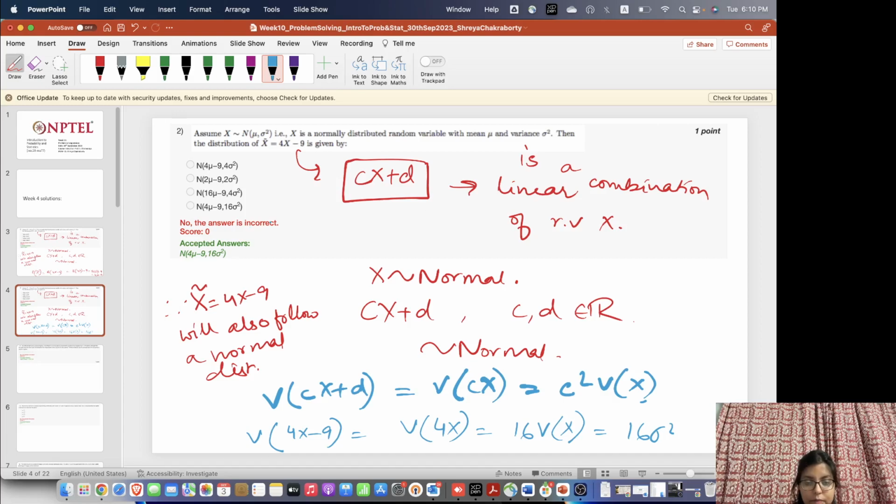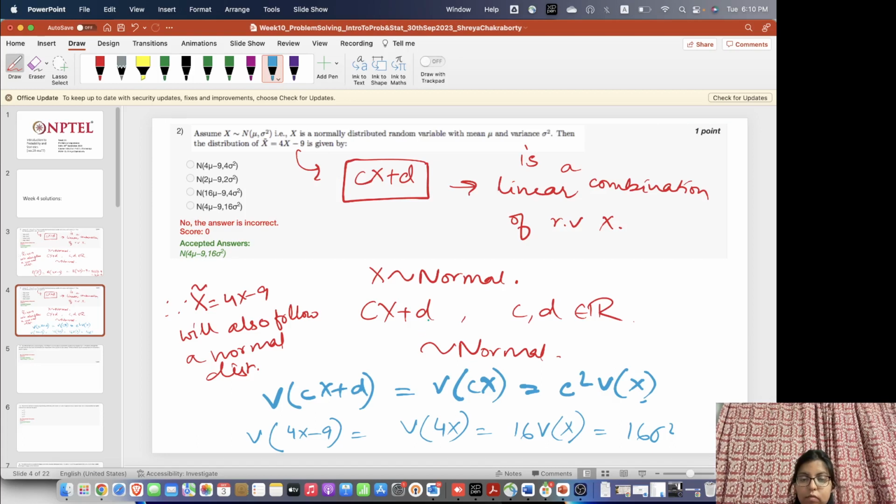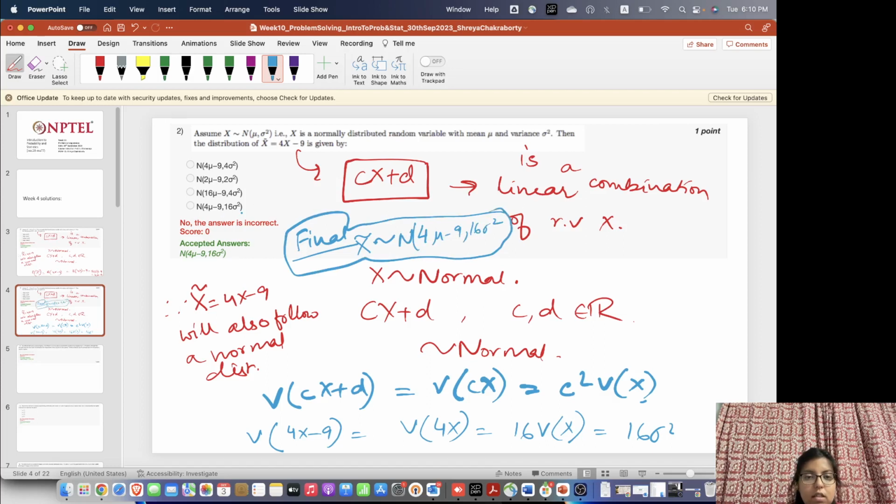Therefore, the final answer is x curl follows normal 4 mu minus 9, 16 sigma square. This is the final answer. That is option D.